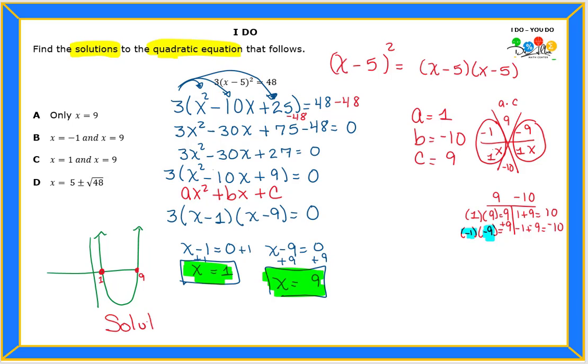Those are my solutions. That's basically what we found. So those are my solutions, the positive 1 and the positive 9. So look at the answer choices. And the one that matches that is letter C. Very good. So this is another approach to find your solutions. Okay?